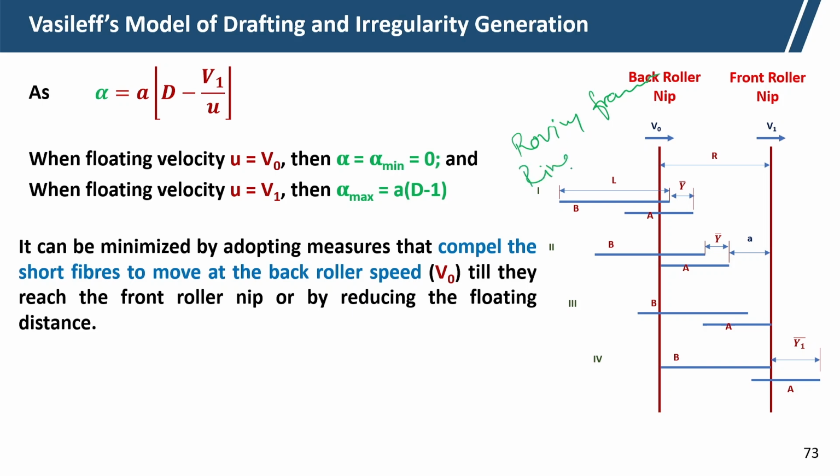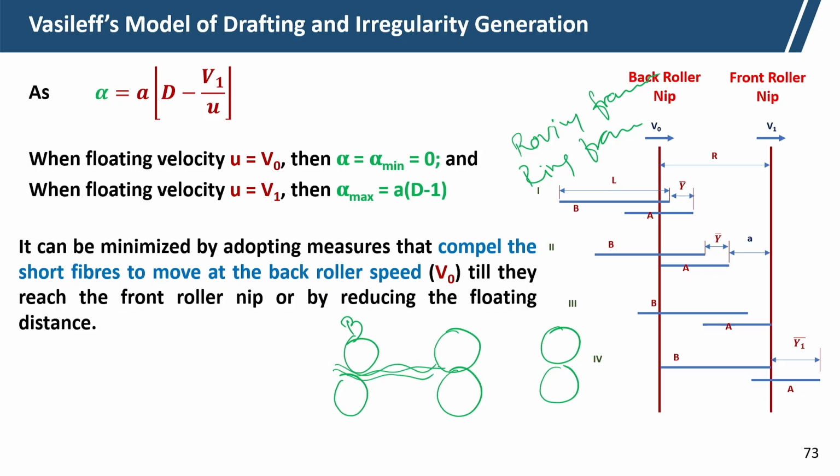and ring frame, we want the short floating fibers to move at the back roller speed till they reach the front roller nip. This is the back roller, and we do not apply that much draft there. Only some break draft is applied. The main draft is between the front roller and the mid roller.